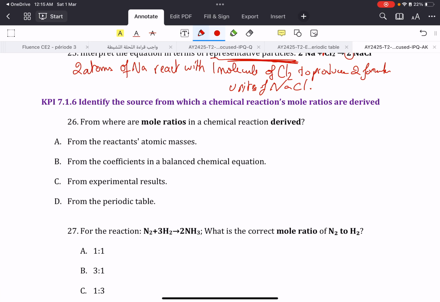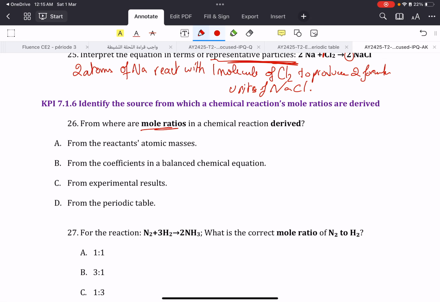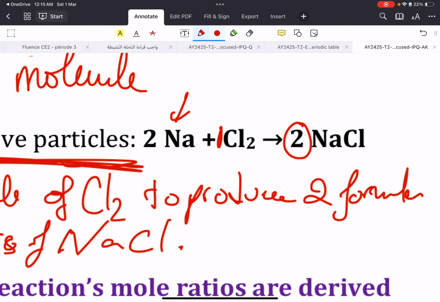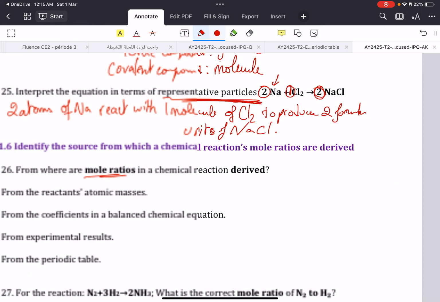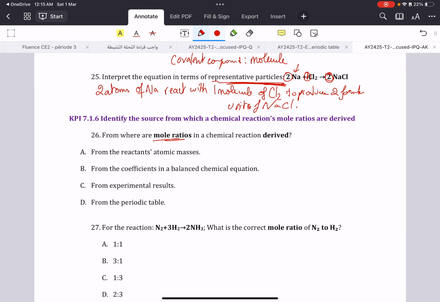Now, moving on to the questions involving mole ratio. From where are the mole ratios derived? In a chemical reaction, we always write the mole ratio by using the numbers written on the equation. Like for example here, 2, 1, and 2 are used to write mole ratios.